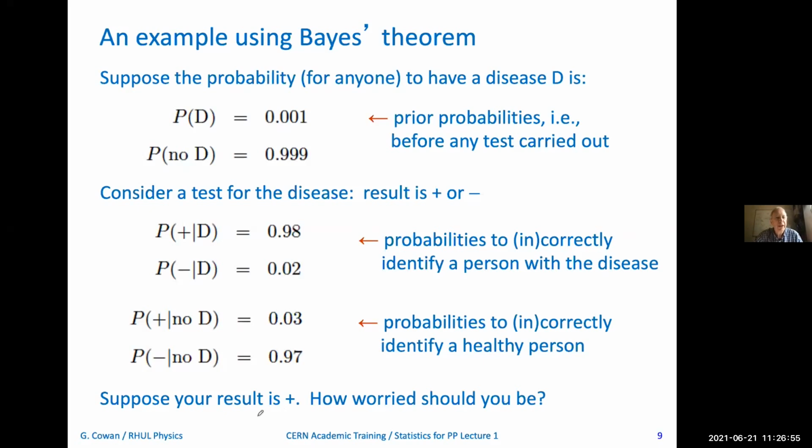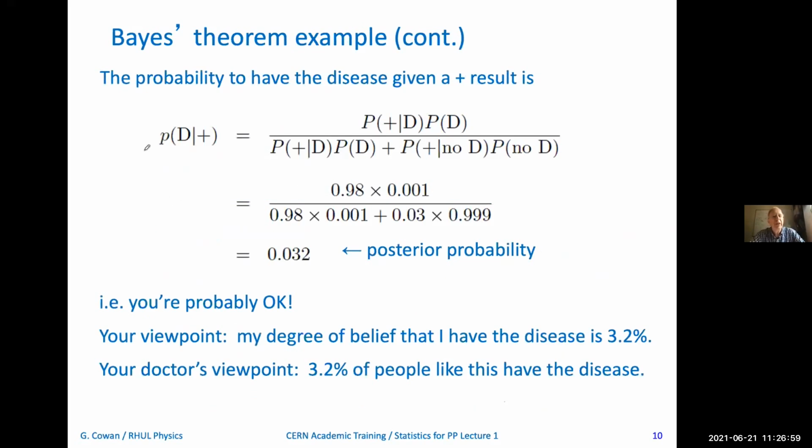Well, what do we want in terms of Bayes' theorem? We want to know the probability that you have the disease given that you got a positive result on the test. And so if we use Bayes' theorem in the numerator, we have to have P of plus given disease times the prior probability to have the disease. And then in the denominator, you would want to have P of plus, but that wasn't one of the ingredients that we have.